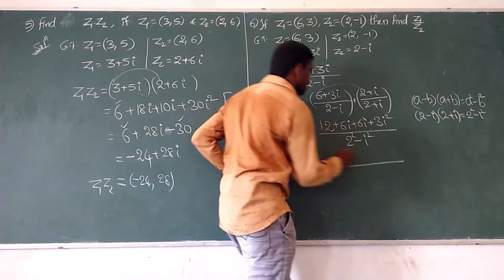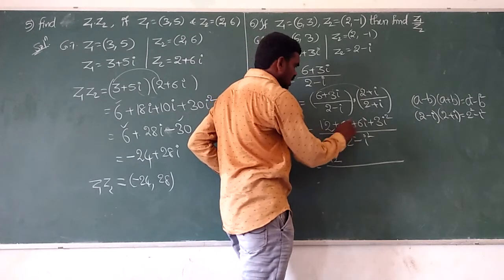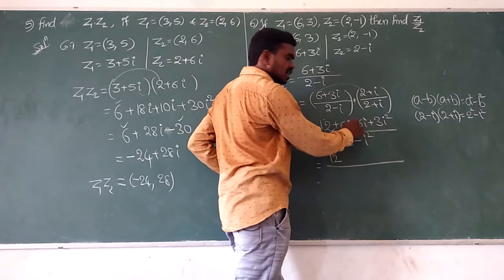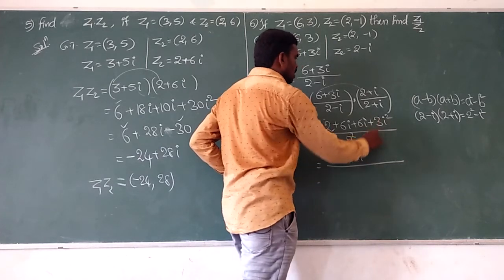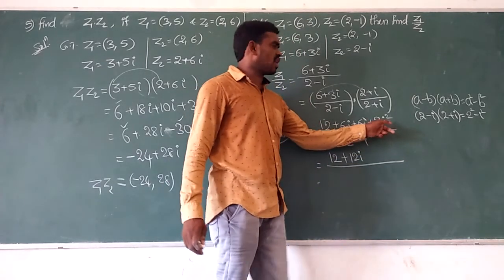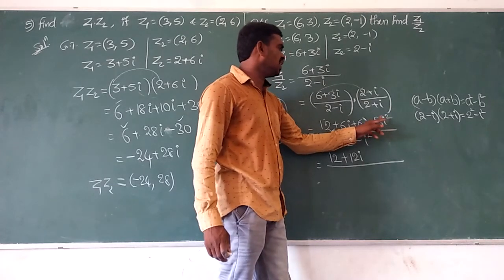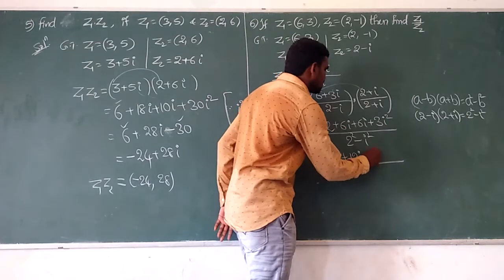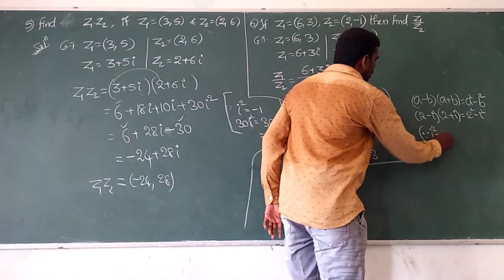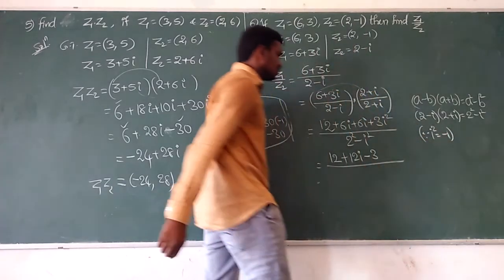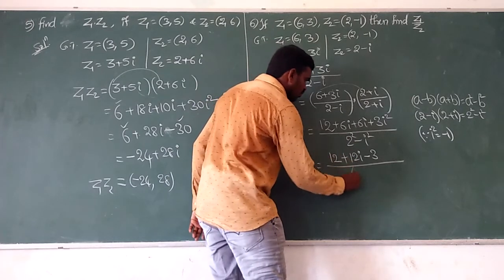And next step. So 12 is there, write as it is. 6i plus 6i, here 6 terms are there, here 6 terms are there, total 12i. Here 3i square. What is the i square value? Minus 1. Minus 1 into 3, minus 3. That's it. Since i square is equal to minus 1, by 2 square means 2 into 2, 4.